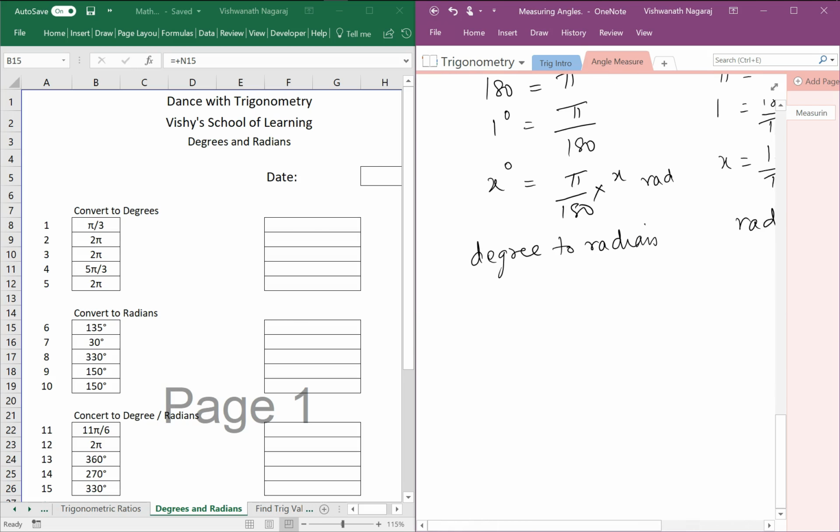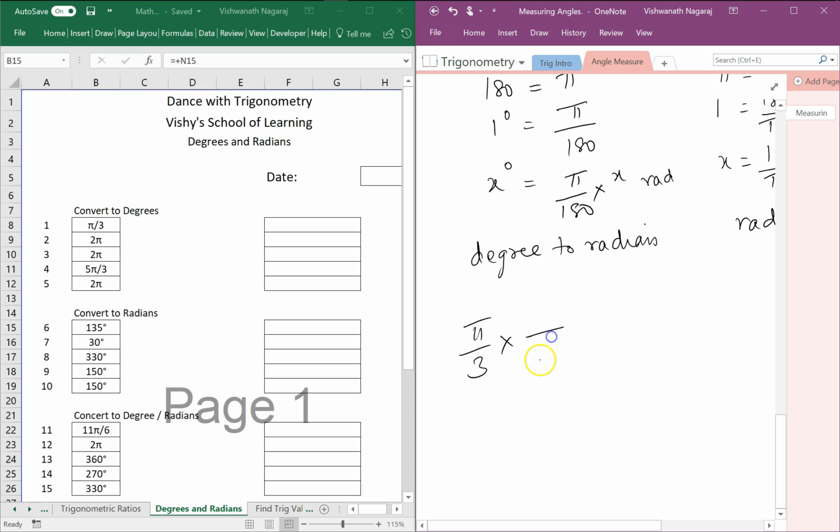Let's very quickly do some. Convert to degrees: pi by 3. Don't try to mug up, don't try to learn it by heart. Usually in radians you will have a pi, and here pi should disappear.